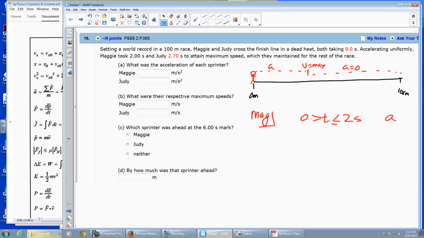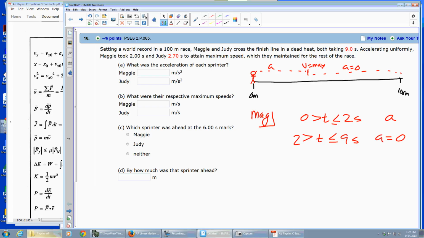And then from greater than 2 seconds to less than or equal to 9 seconds is when the acceleration for her is 0. So we have to look at them piecewise, right? To get where they are and everything else about them.